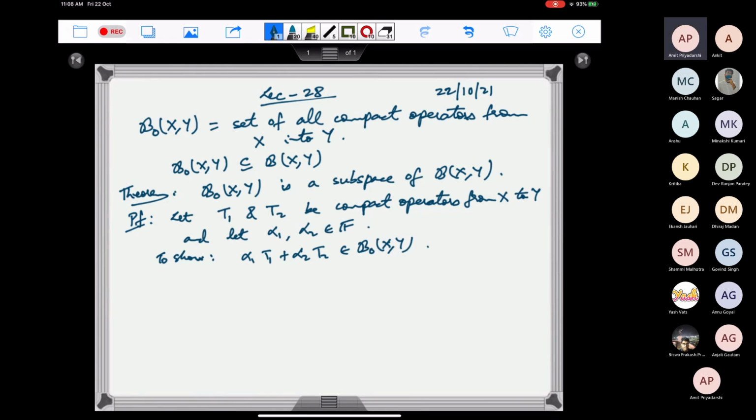For this, it is enough to show that if we take a sequence in the unit ball, then its image has a convergent subsequence. So let xn be a sequence in the unit ball of X, that is, all x in X such that norm of x is less than or equal to 1.